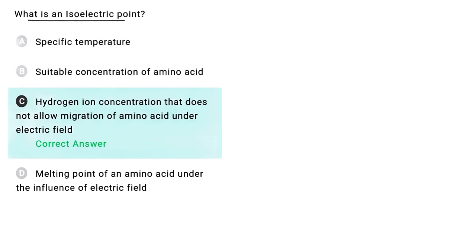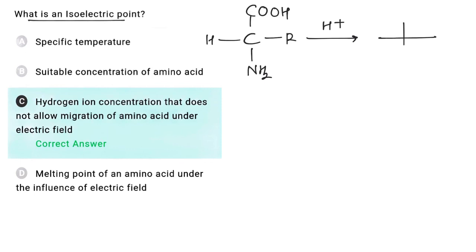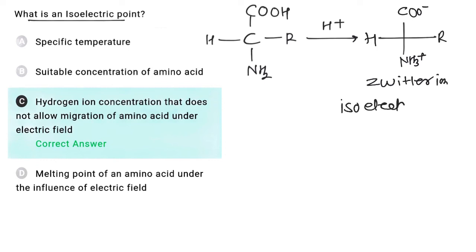What is an isoelectric point? So isoelectric point is defined for amino acid. Amino acids have both NH2 group and COOH group. So at a particular pH, amino acid exists as a zwitterion, which has both a negative part and a positive part, and the pH at which amino acid exists as a zwitterion is called the isoelectric point.